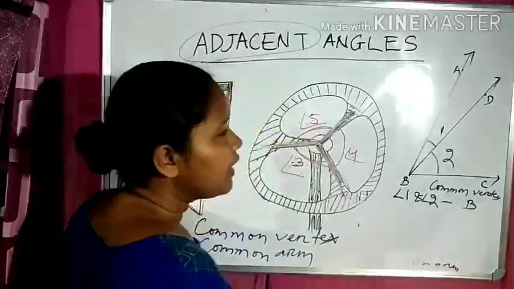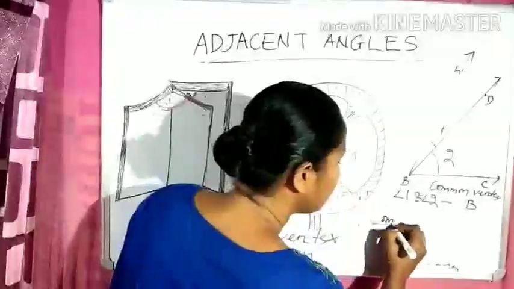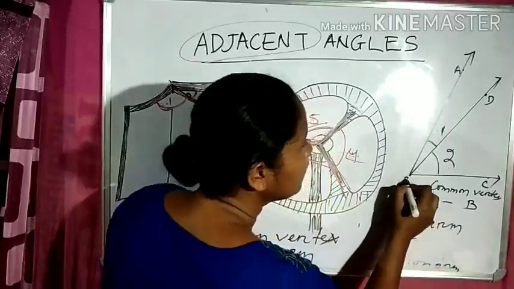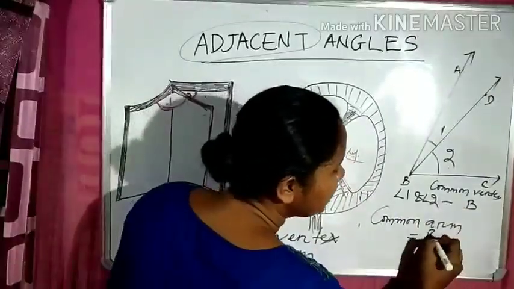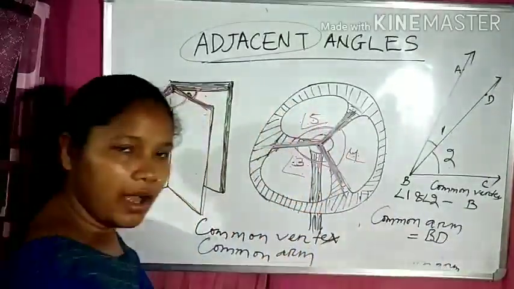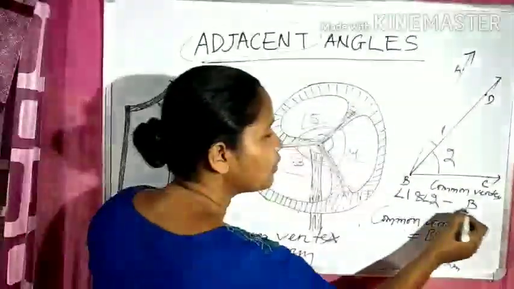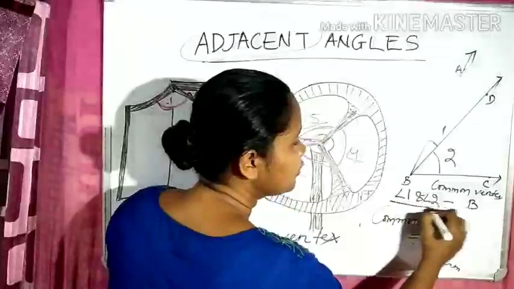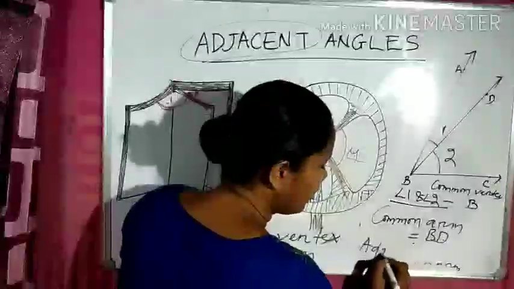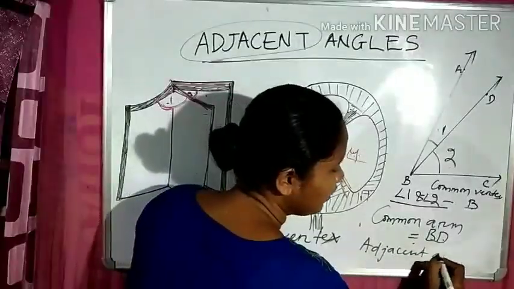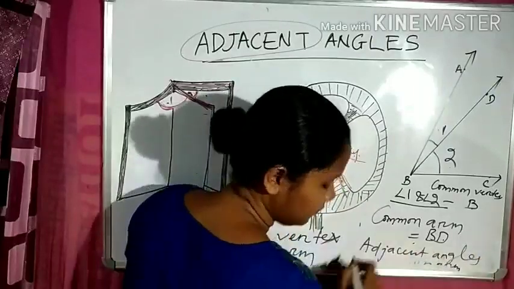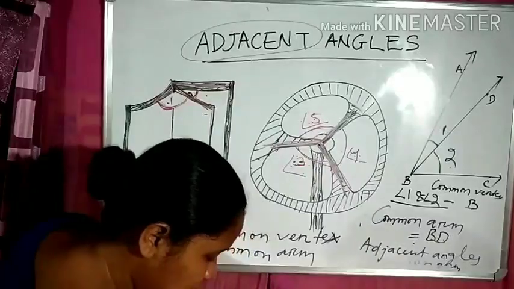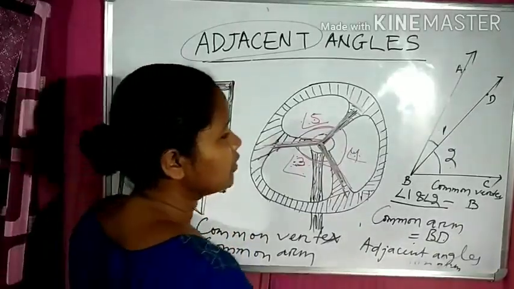Then they have a common arm. Which one is the common arm? BD. So BD is the common arm. They have a common vertex and a common arm, that's why these two angles are adjacent angles. And where are the non-common arms?